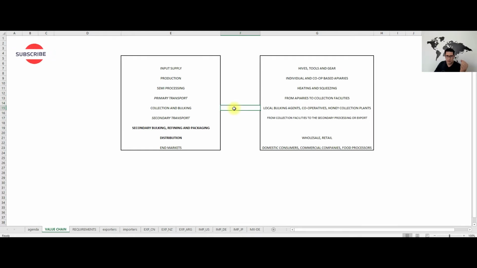The next step is the collection and the bulking of honey by the bulking agents, the cooperatives, or the honey collection plants. Then you have the secondary transport and the secondary bulking, refining, and packaging, followed by the distribution, which is either wholesale or retail. And the last step, the last process, is the arrival of honey into the end markets for the domestic consumers, the commercial companies, or the food processors.